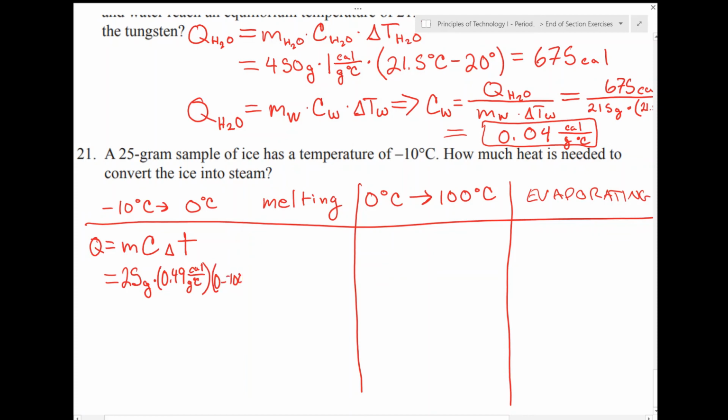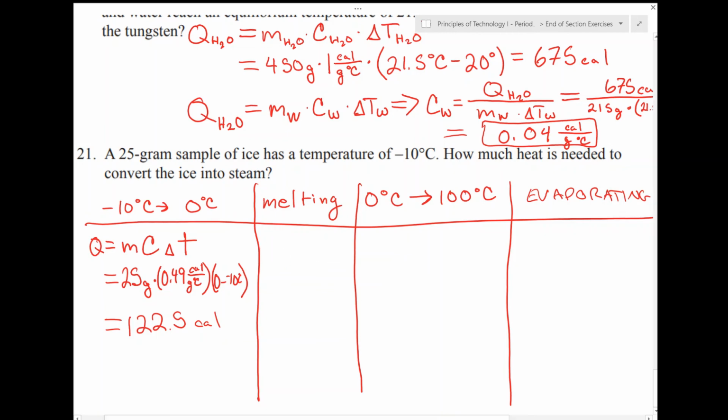Yes, I know, I ran out of room here. Calculating this, we get that there are 122.5 calories of heat involved in changing the temperature of this ice by 10 degrees.